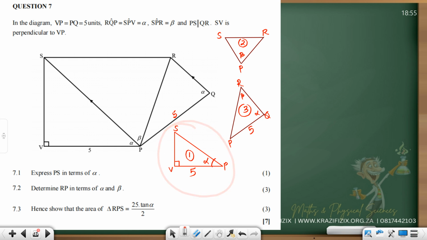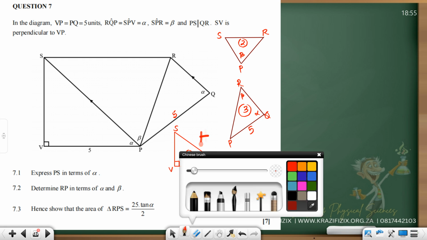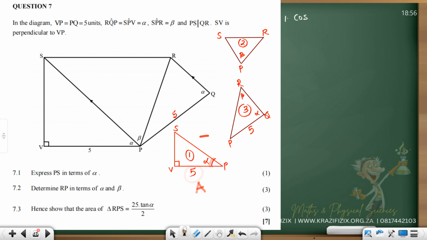What am I looking for? I'm looking for PS, and that's my hypotenuse. With reference to this angle, this becomes my adjacent and hypotenuse. So cos alpha is adjacent over what? So what is PS? 5 over cos alpha. We are done. It's 1 mark.